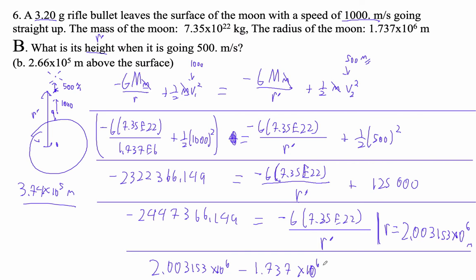That is 2.66153 times 10 to the 5th meters above the surface. This one is from the center. This is above the surface. Ta-da! Whoa, baby. That's fun, isn't it?